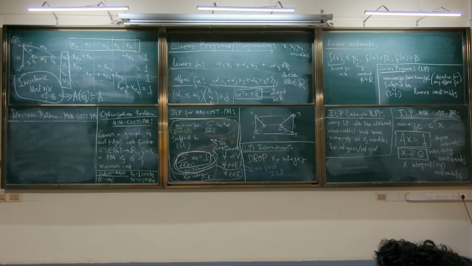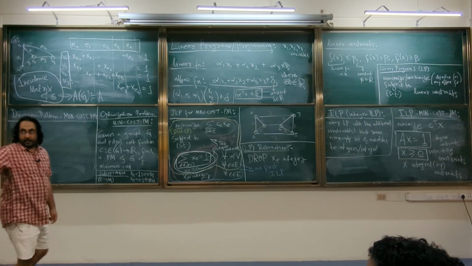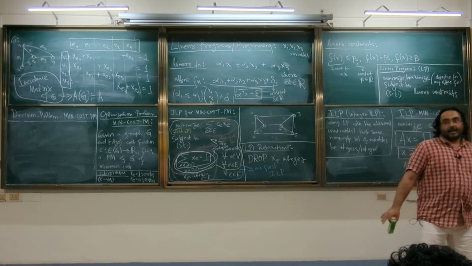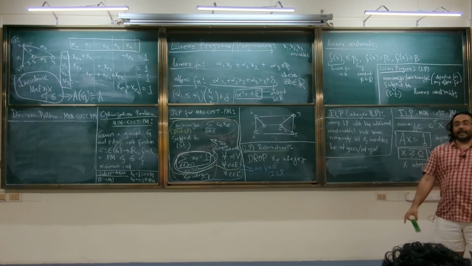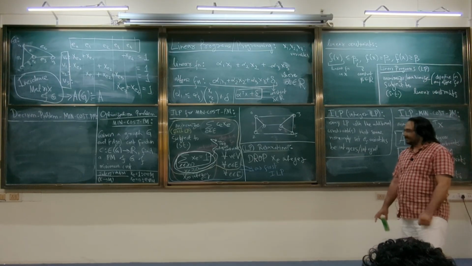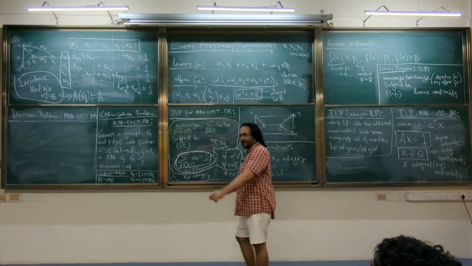Okay, that would be one way of looking at it. So if I may rephrase it, you are given a graph and a cost function and decide whether there is a perfect matching of this particular cost. Yeah, that would be one way of posing a decision problem.